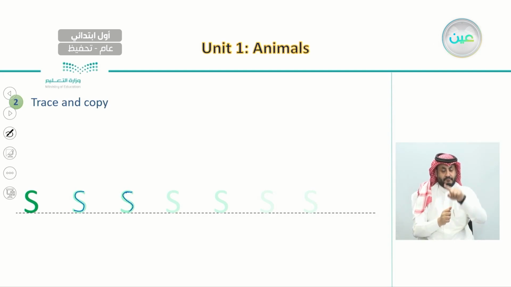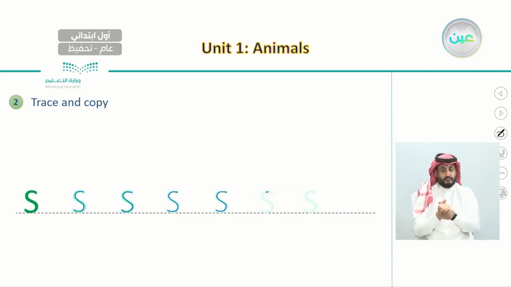It's important that we know how to trace, because tracing will help us to have better writing of these letters. So here we go. This is how we trace the letter S. We trace it like this, so when we want to copy it, we will have the better version.